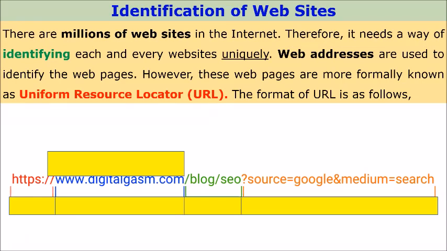Normally, the popular name is web address. Using this web address, you can identify websites and web pages separately. Then also they have a unique technical name for this web address called URL, Uniform Resource Locator.